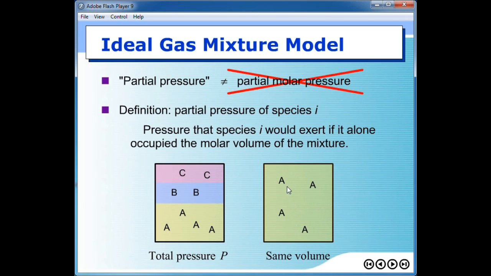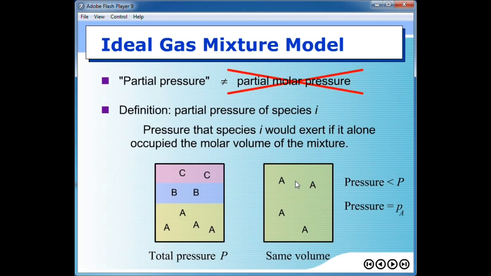So if you have expansion of gas here, if you count the number of molecules of the species inside this container, you see that within the same volume, the container here has fewer molecules. So you should expect that if I measure the pressure here, the pressure is supposed to be lower, all right?